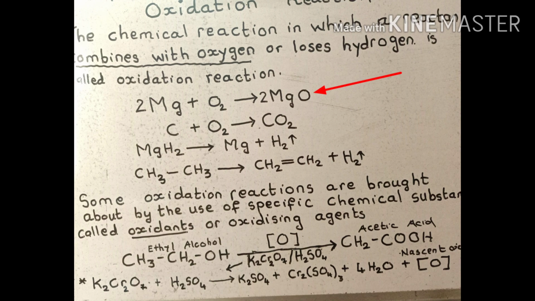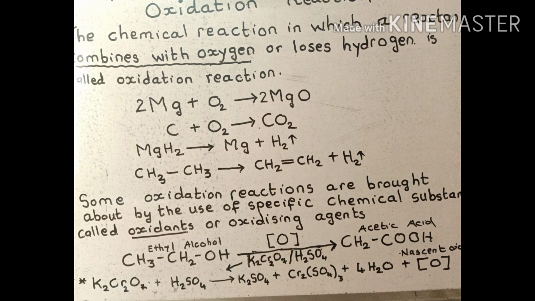So you have the reaction Mg, magnesium, combining with O2, oxygen, to give magnesium oxide, a very good example of an oxidation reaction. You burn coal or wood in air, the carbon in them combines with O2, that is oxygen, to give carbon dioxide, another good example of oxidation. So this is where a reactant combines with oxygen. This is called an oxidation reaction.